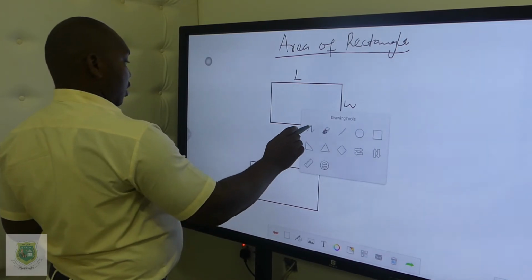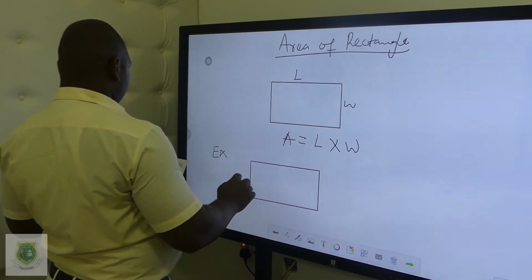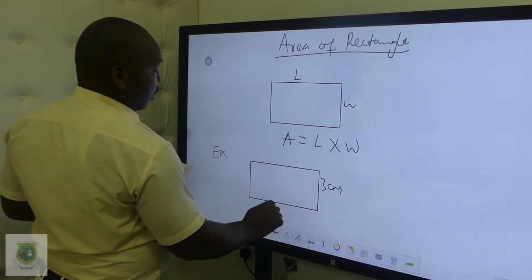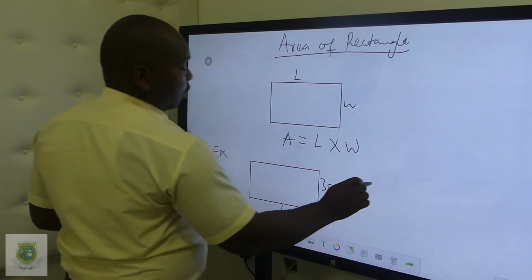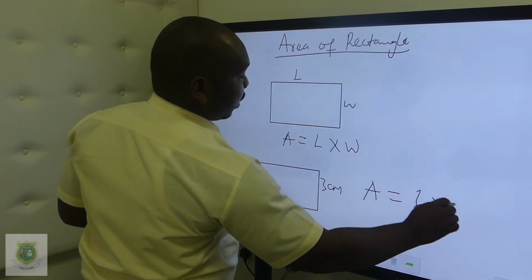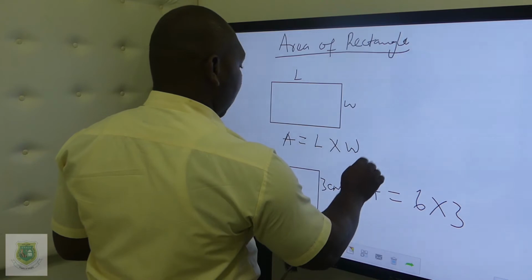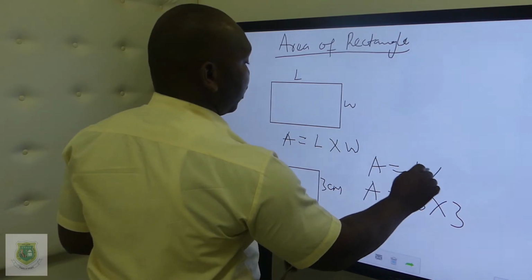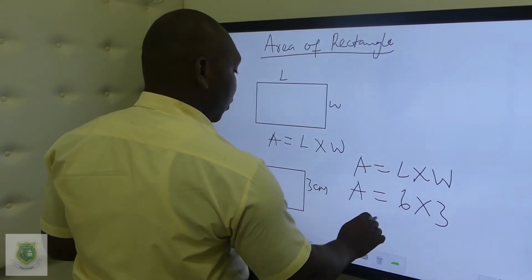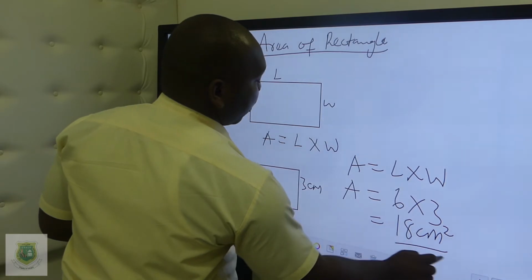For example, to calculate the area of this rectangle, the area is going to be 6 times 3, which is length times width, 6 times 3, which is 18 centimeters squared.